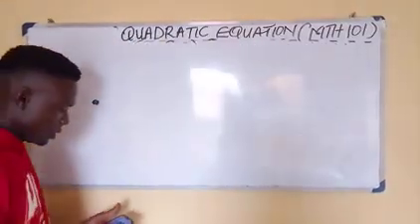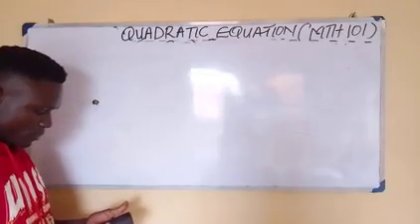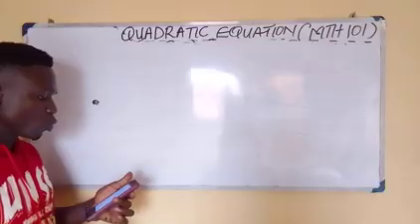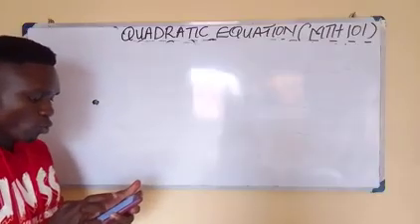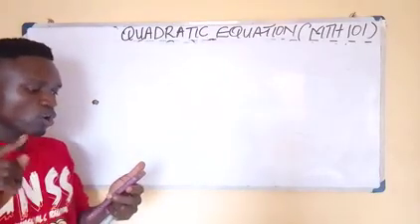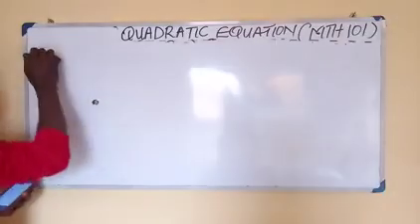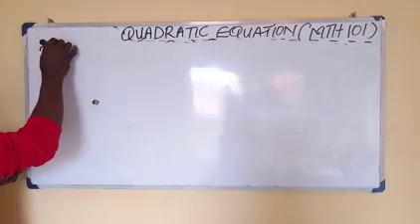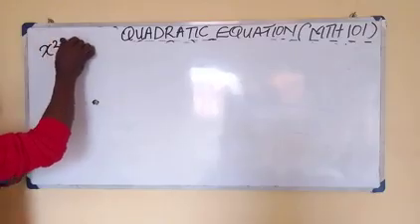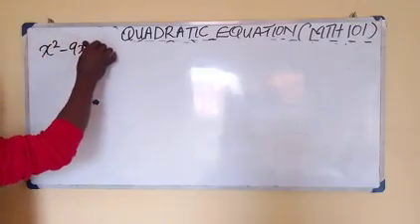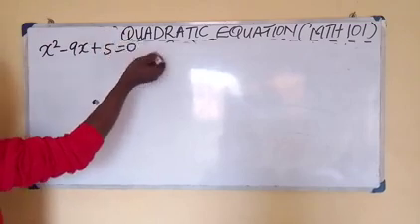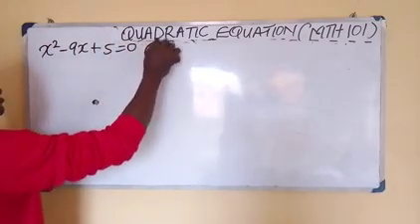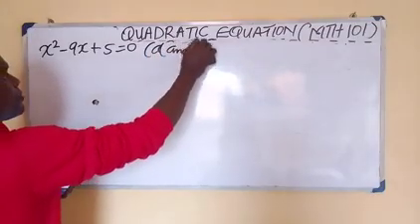So number 3, it said the roots of the equation x squared minus 9x plus 5 equal to 0 are alpha and beta.